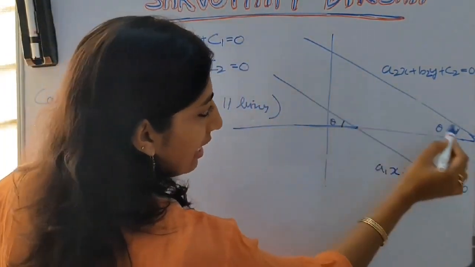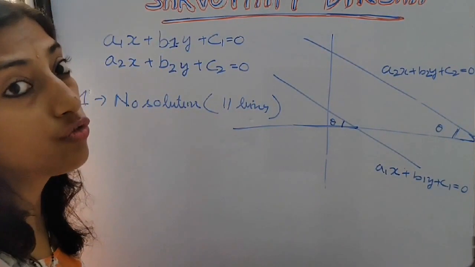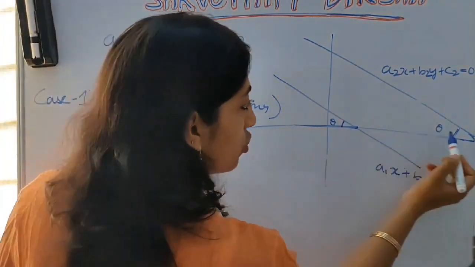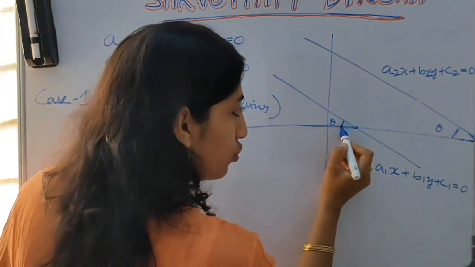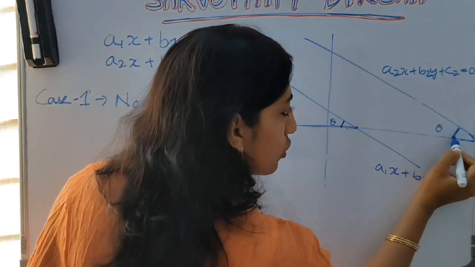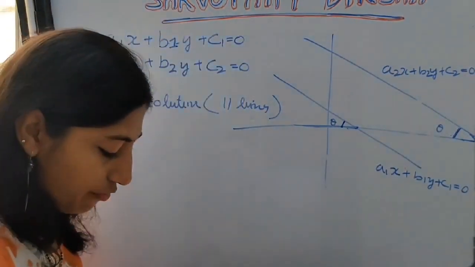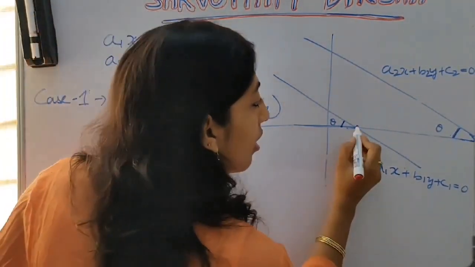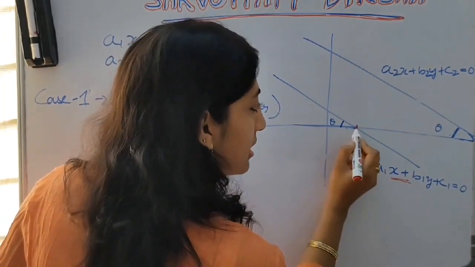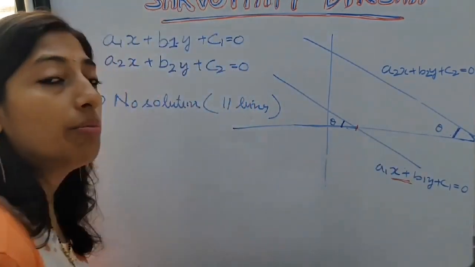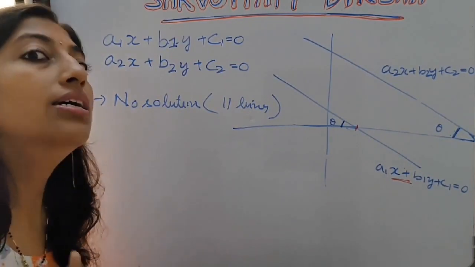Because these lines are parallel lines and x-axis is acting as nothing but transversal. So if you see, these two are corresponding angles. So this angle, if I assume to be theta, then this angle should also be theta. Now what will be coordinates of this point, that is where my first line is intersecting the x-axis. On my x-axis, we know that y coordinate is always nothing but 0.